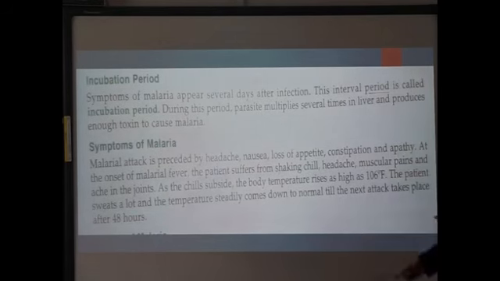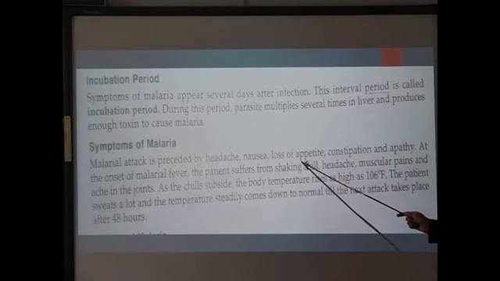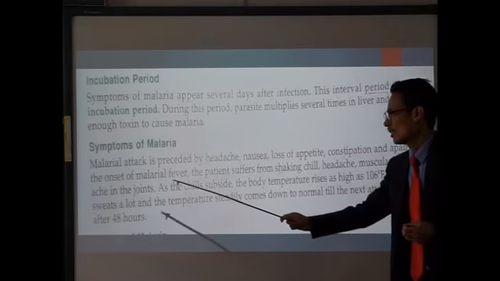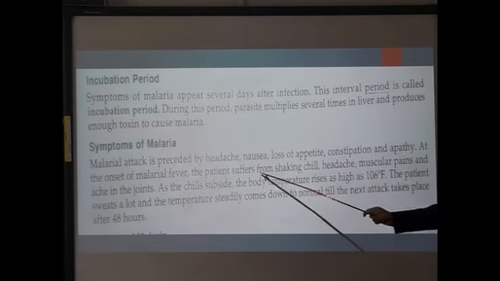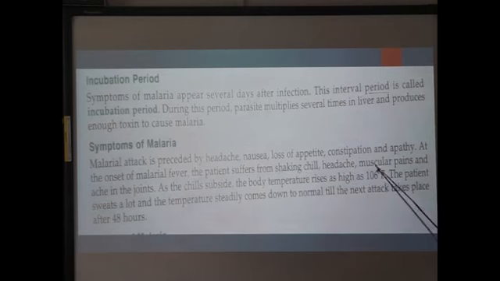Okay. Symptoms: headache, nausea, loss of appetite, constipation, apathy, lack of interest, or as we can say, part of depression. At the advanced stage of onset of malarial fever, the patient suffers from chills, headache, muscular pain, joint pain. If the chill subsides, body temperature rises as high as 106 degrees Fahrenheit.